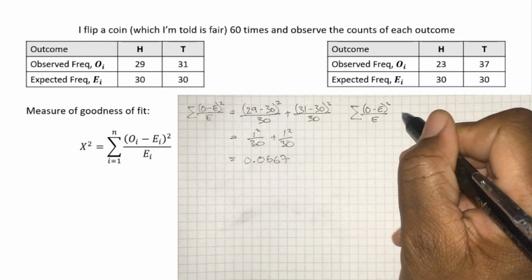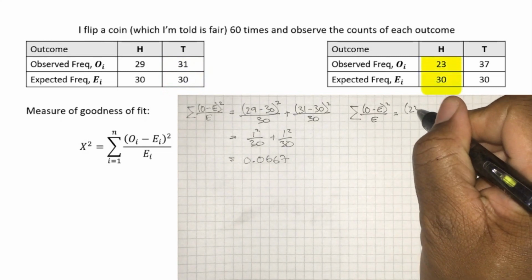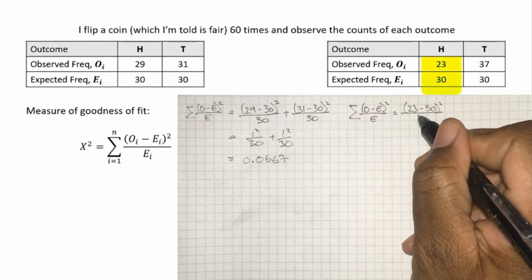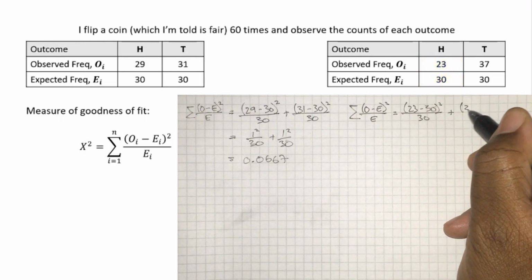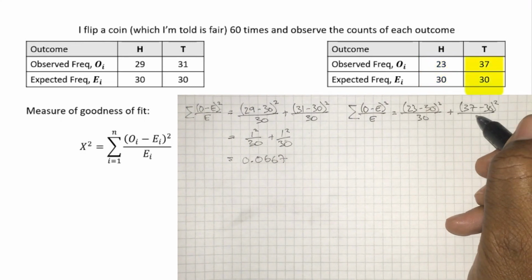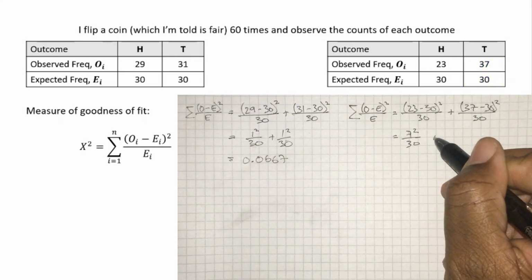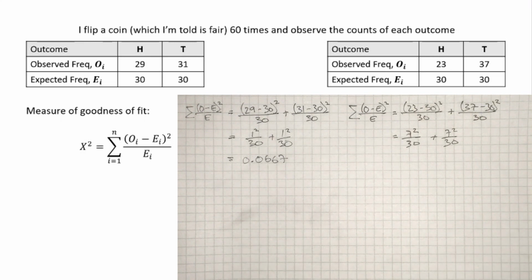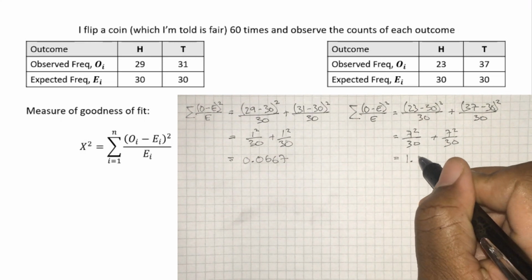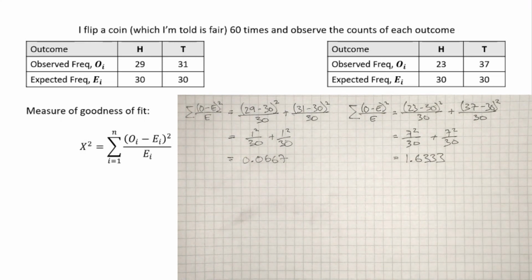What would we expect in this second instance? 23 minus 30 squared over 30 plus 37 minus 30 squared over 30. This gives me 7 squared over 30 twice, and that gives 1.6333. So, even just looking at these two chi-squared test statistic values, we can see that on the left-hand side, where the difference from the expected was quite low, we had a low chi-squared value.